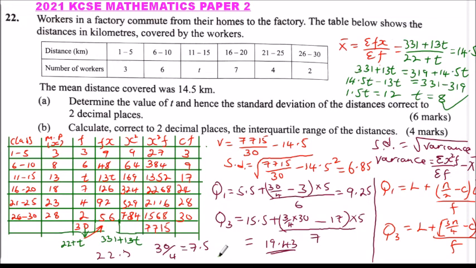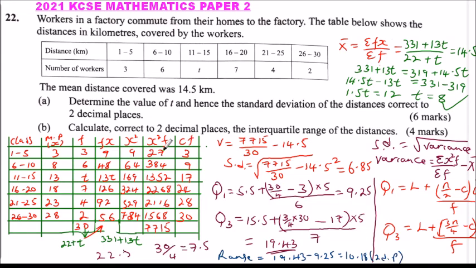And therefore the interquartile range, let me just use the word range, is equal to the upper quartile minus the lower quartile, 19.43 minus 9.25. You'll be able to get 10.18, and this is to 2 decimal places.